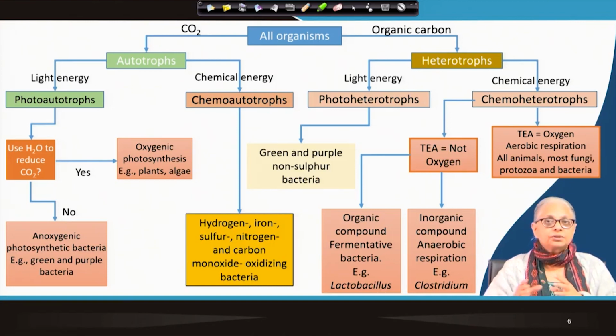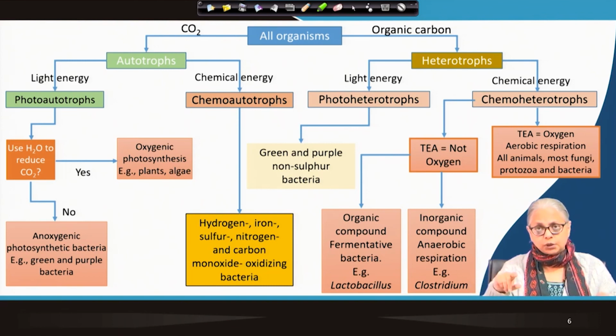capable of reducing not H2O but H2S. Let me put it another way: they will utilize H2S, hydrogen sulfide, and convert it to elemental sulfur and so on, and in the process CO2 will be converted to biomass.